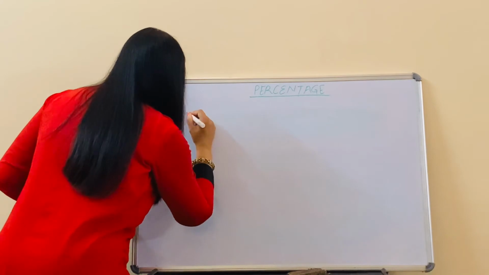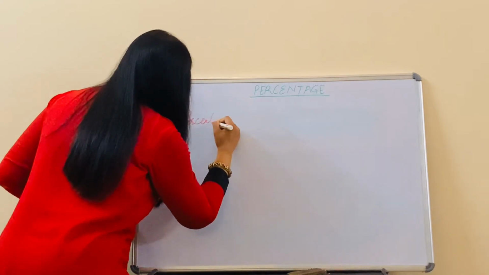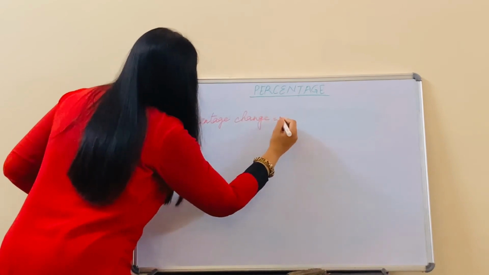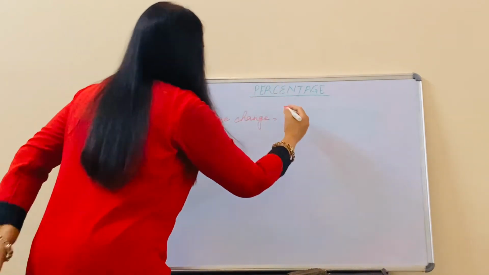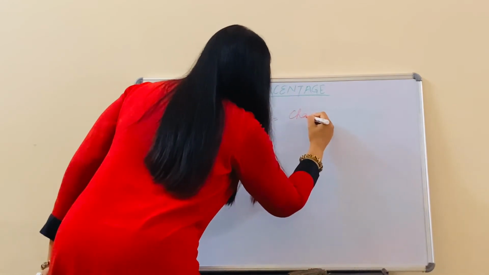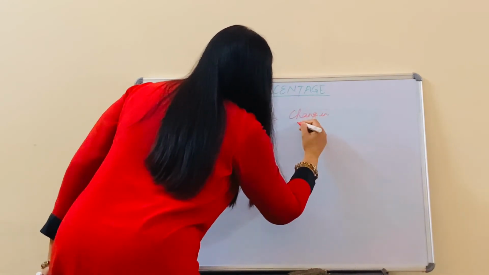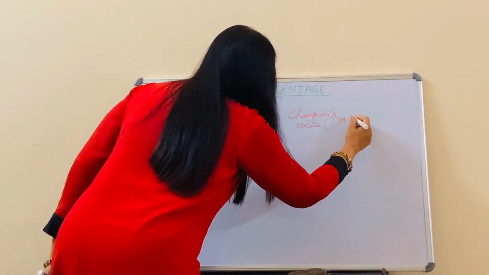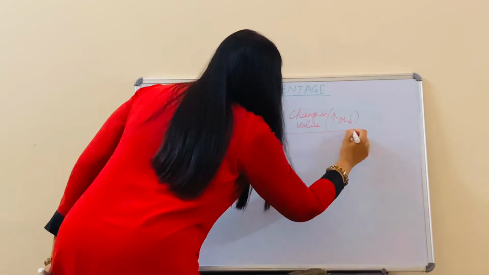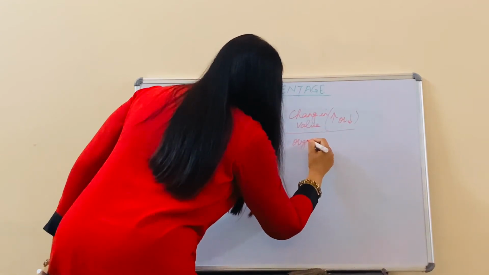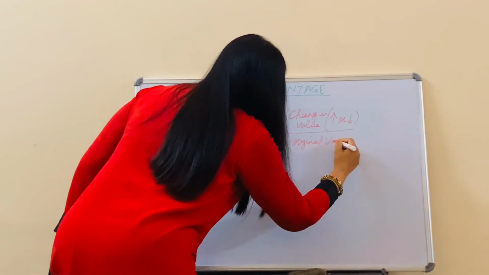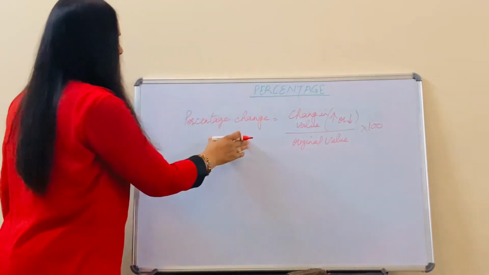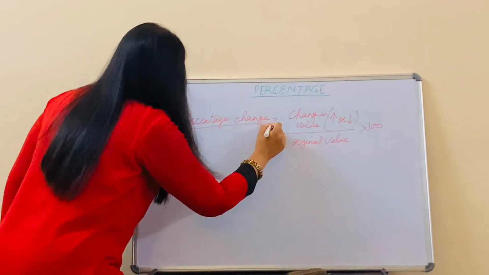So percentage change can be calculated as change in value, which can be either due to increase or decrease in number, upon the original value into 100. By this simple formula, we can calculate the percentage change.